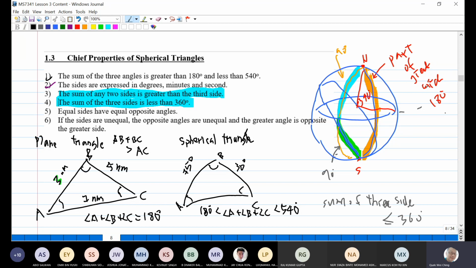When you draw a spherical triangle, the sum of the three sides is at most 360 degrees. So the length of AB plus the length of BC is 105, which is definitely greater than AC.